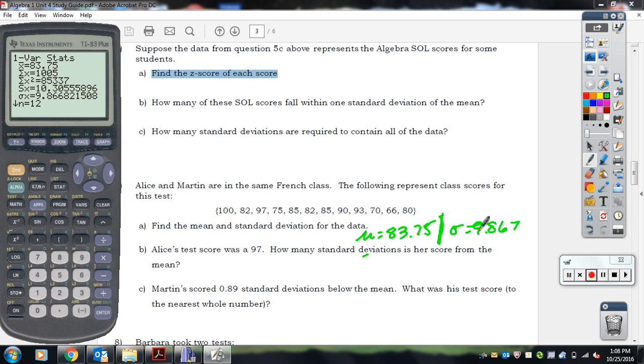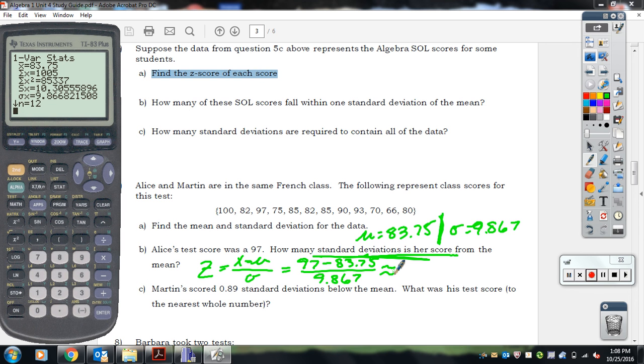Alice's test score was 97. How many standard deviations is her score away from the mean? How many standard deviations is another way of saying the z-score, x minus mu all over sigma. So her element, which was a 97, minus the average, which is 83.75, divided by the standard deviation, which we'll call 9.867.